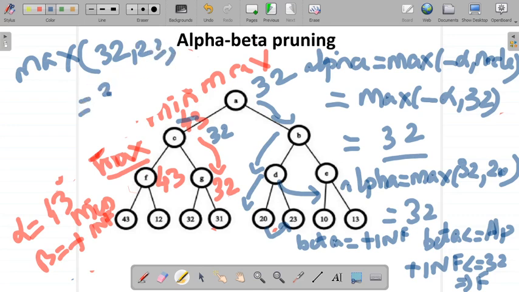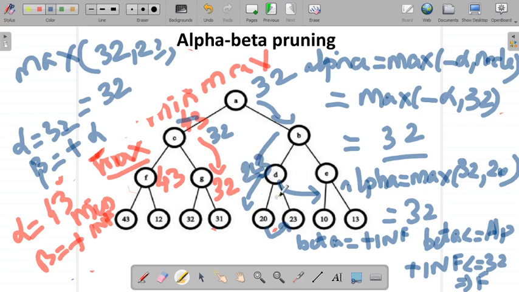So the maximum is 32, still the value of alpha is 32. Then beta is plus infinity at this stage. Then node D is at the maximizer level, which means we should find the maximum value between 20 and 23. So the maximum value is 23, returned to the node D.